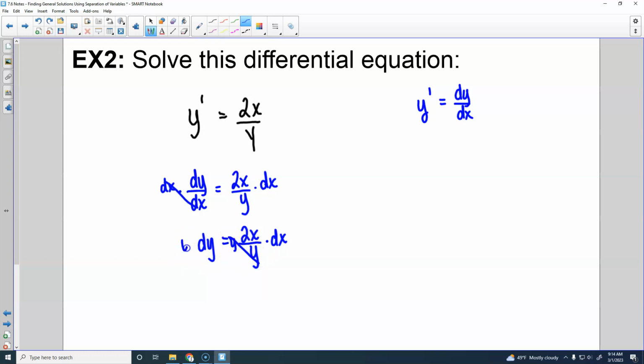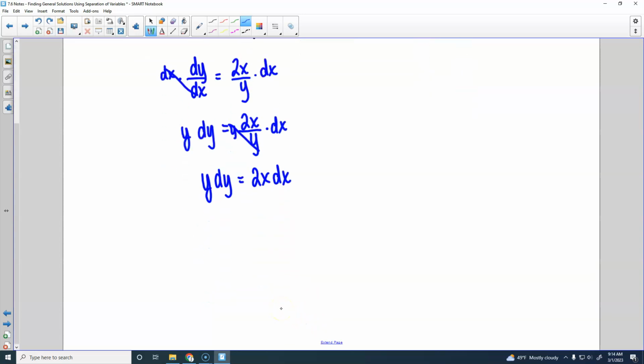Multiplying by y, I'll cancel this out here. So what I end up with is y dy equals 2x dx. And so all the y's are on one side. I've got the dy with it, so that tells me what I'm integrating with respect to. All the x's are on the other side. The dx is with it. I'm just going to integrate both sides.